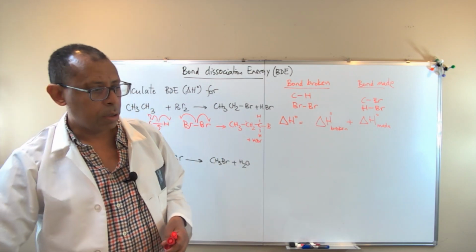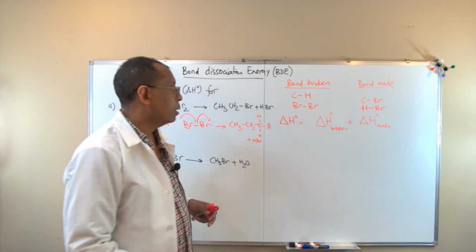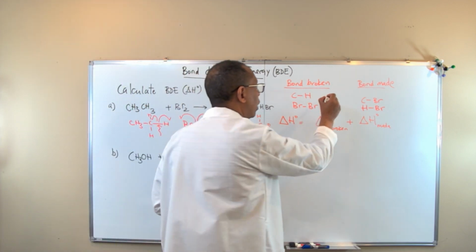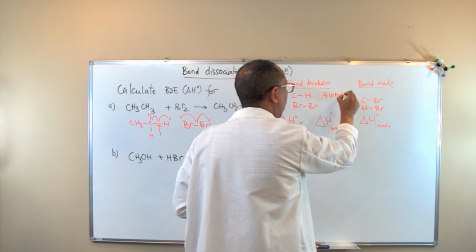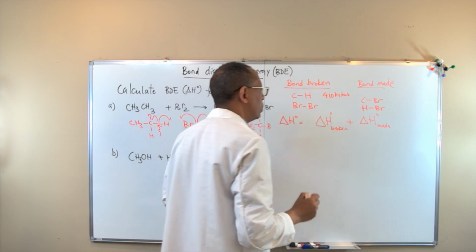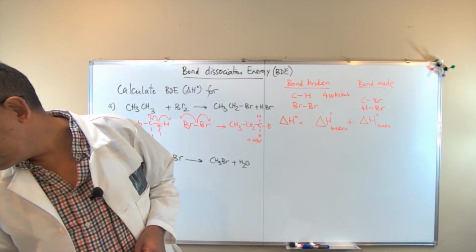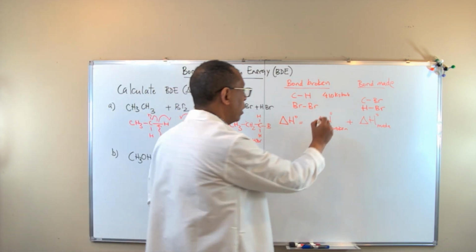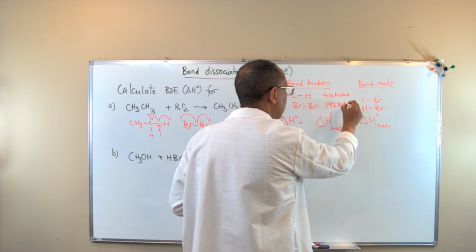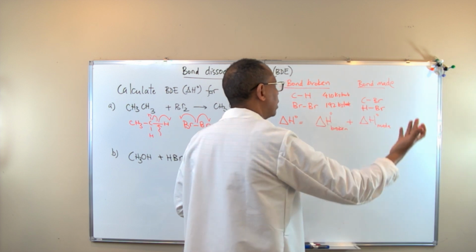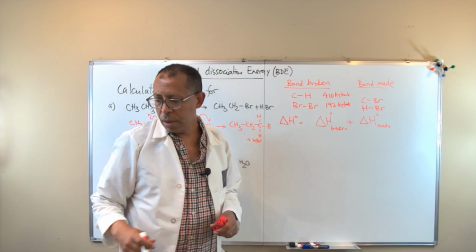So I will just look at the reference. For the carbon-hydrogen bond, we need 410 kilojoules per mole to break. And the Br-Br bond is 192 kilojoules per mole. You can find this in a reference book or at the appendix of your textbook at the end of the pages.